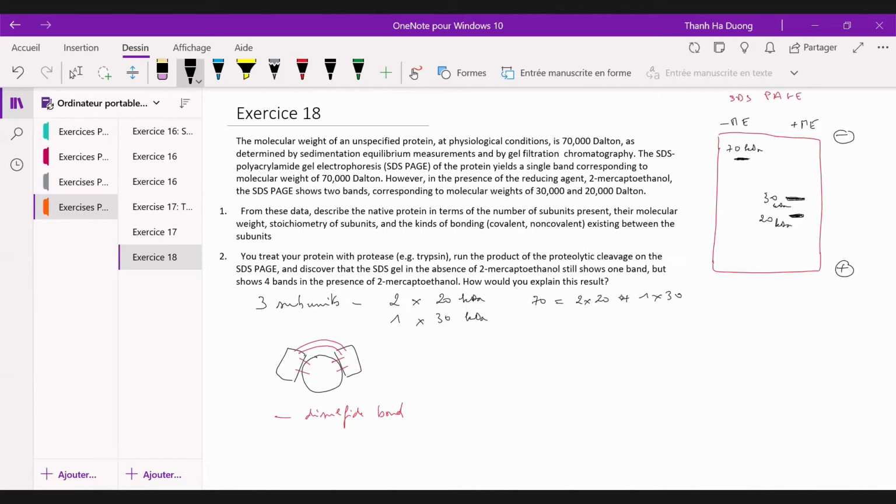Last question: you treat your protein with a protease, in this case trypsin, and you run it on SDS-PAGE.